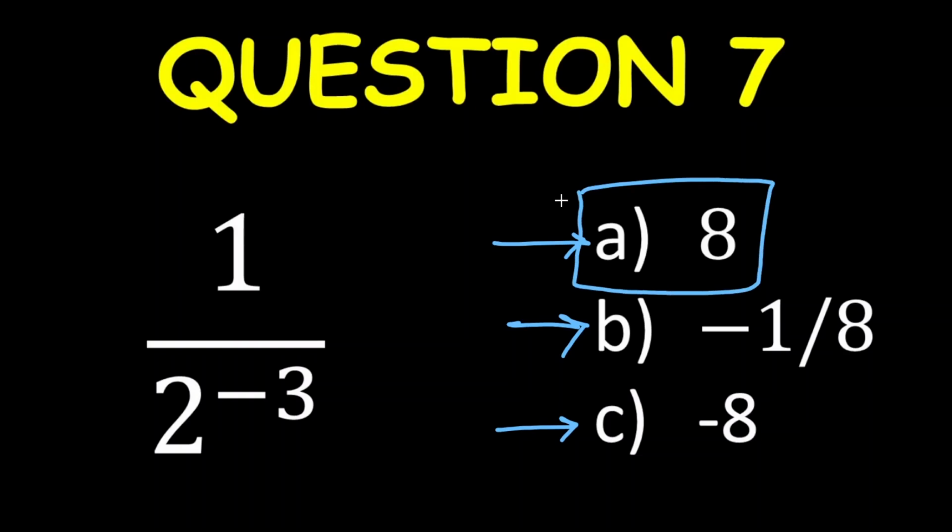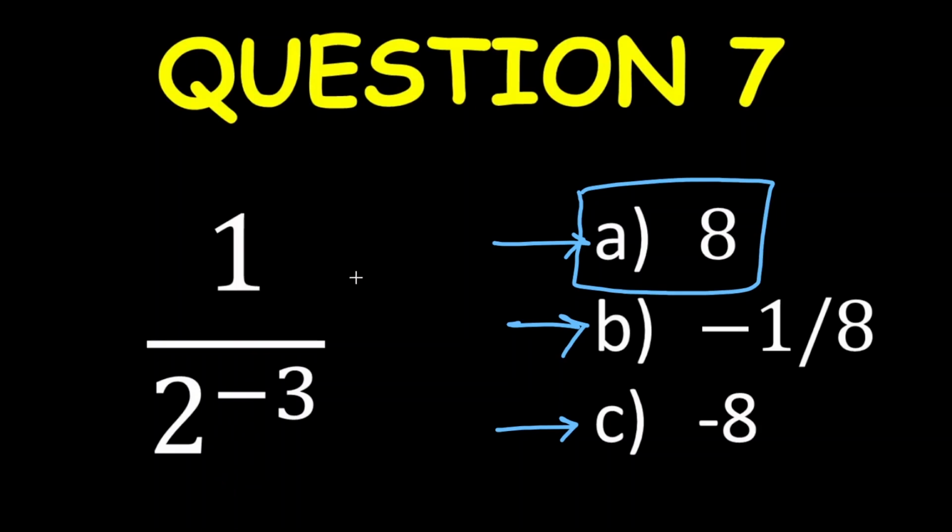According to indices, whenever we have a negative power, in order to remove it we take that number to the other side of the fraction. If it was on the numerator, we take it down to the denominator. Now that it is on the denominator, we take it up to the numerator.